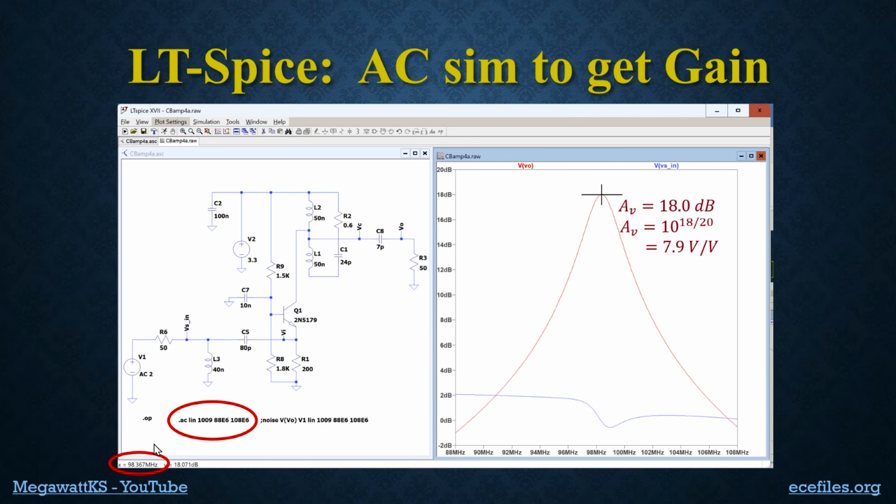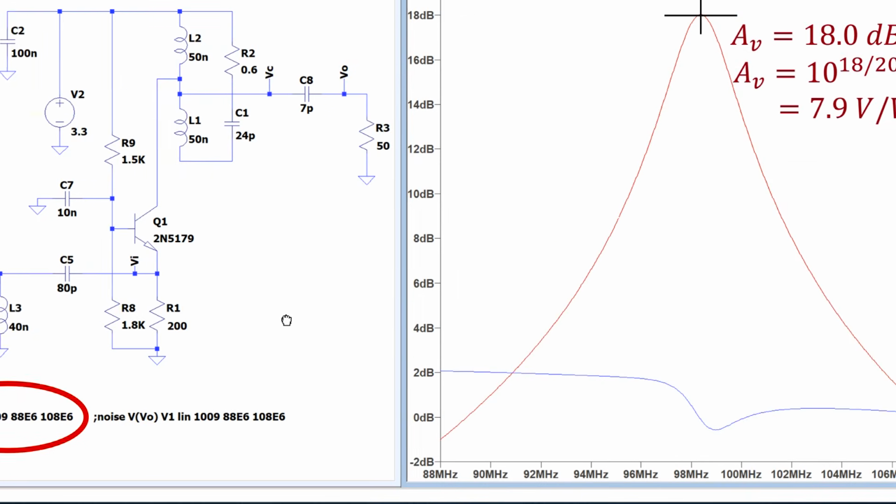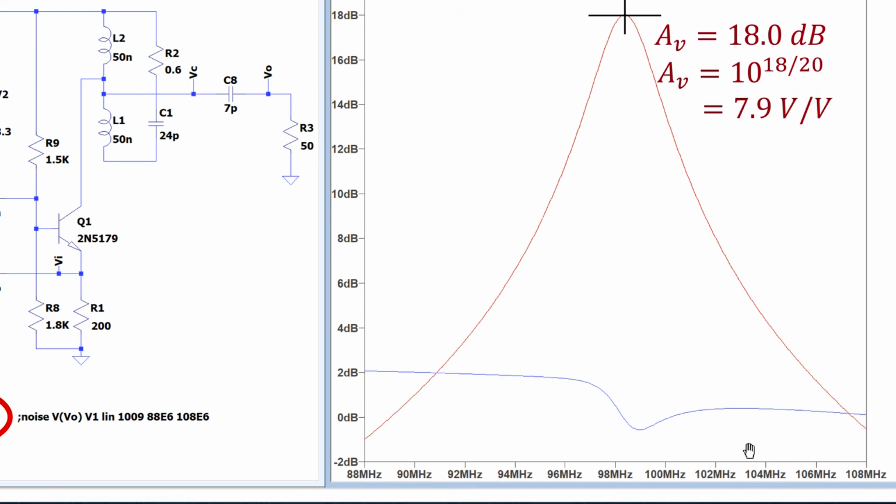And where did it come from? Well, I ran a so-called AC analysis in a linear sweep with 1,009 points from 88 megahertz to 108 megahertz, and the result is shown over here. Here's 88 megahertz, here's 108. We're peaking at about 98 or 99 megahertz, and the peak is about 18 dB.